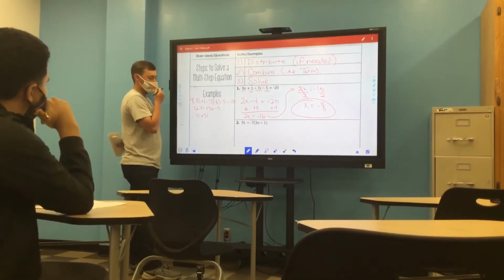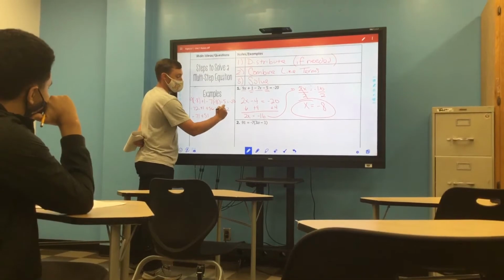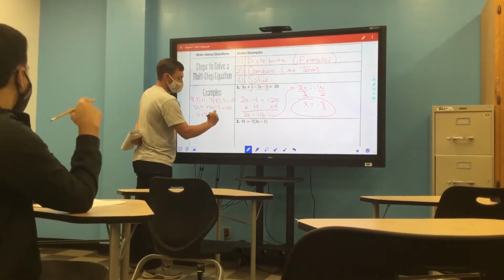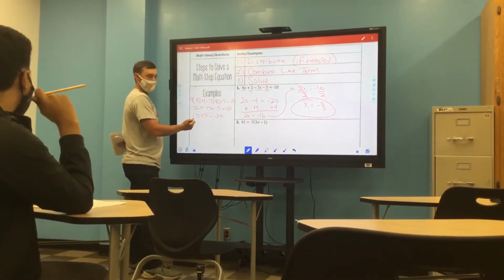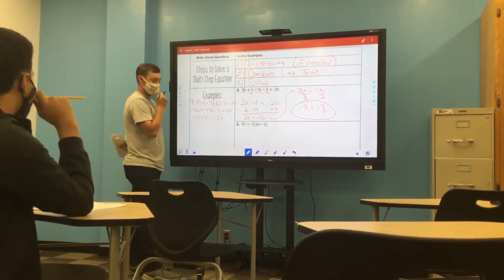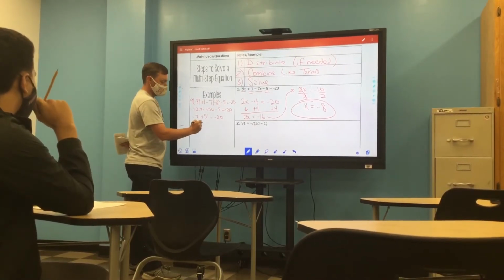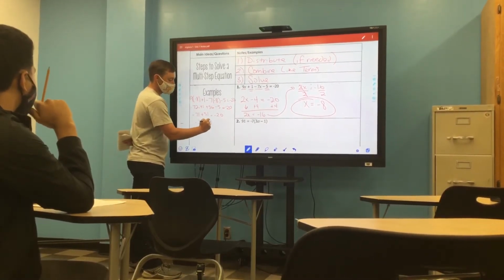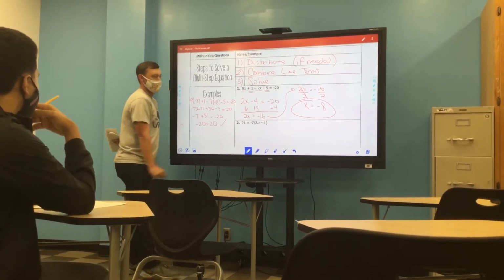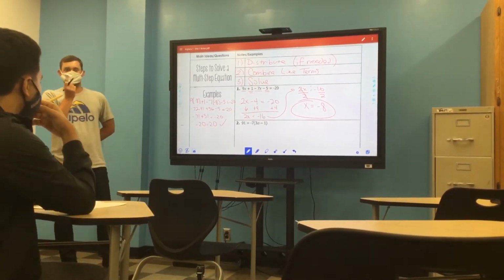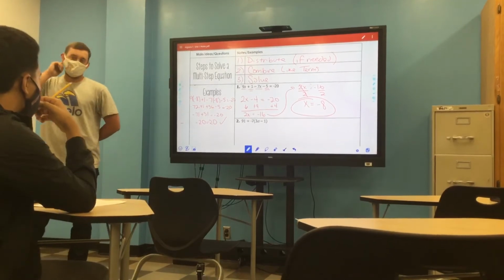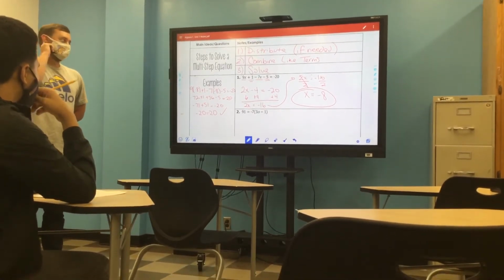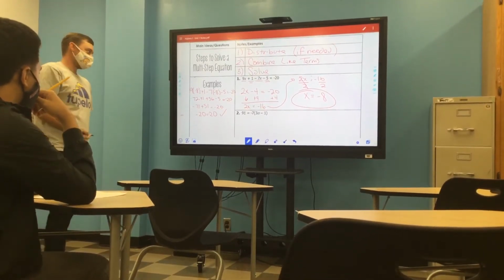Negative 71, sorry, this is equal to negative 20. Negative 71 plus 51 is negative 20. Negative 20 equals negative 20, so we know we worked the problem right. Don't forget that you can go back and check these answers by plugging back in for whatever your variable is.